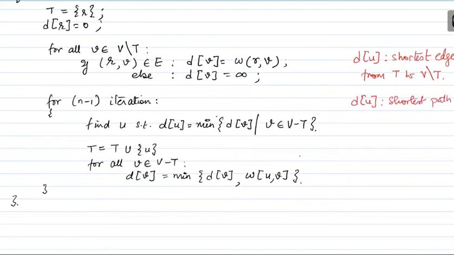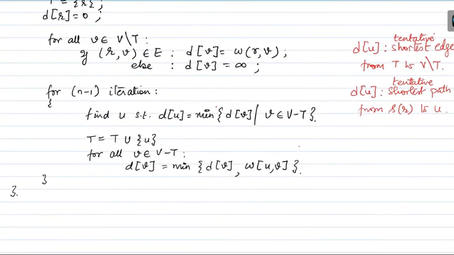Again, so far, this is tentative. Even the shortest edge was tentative. The shortest edge could be updated later in Prim's algorithm. Similarly, here the shortest path can also be updated. So I shouldn't say shortest edge, I should say tentative shortest edge, right? And this is also tentative. Tentative shortest path from S, or source here is R, right? Or R as the case may be, to U.